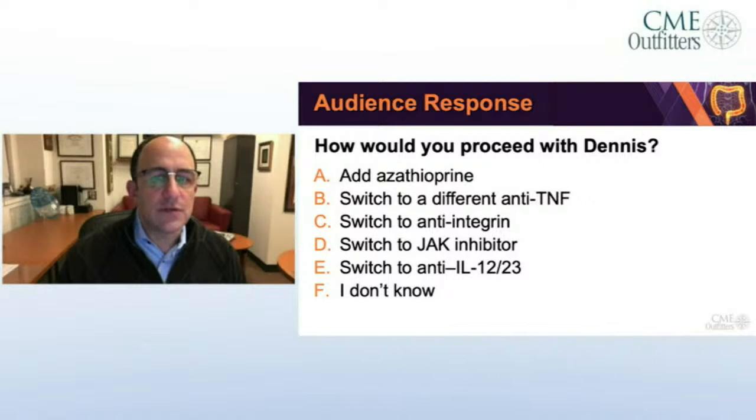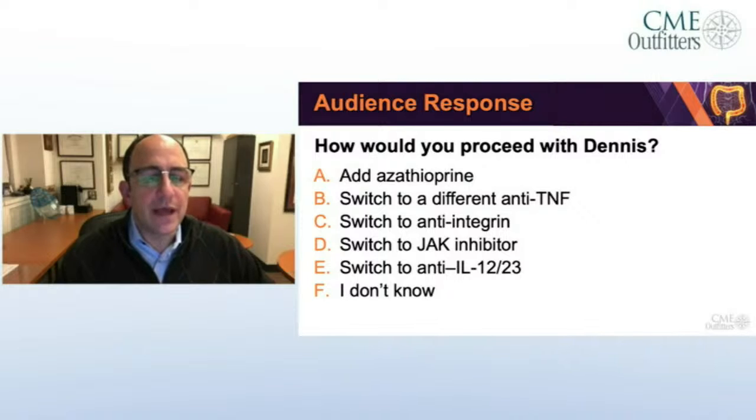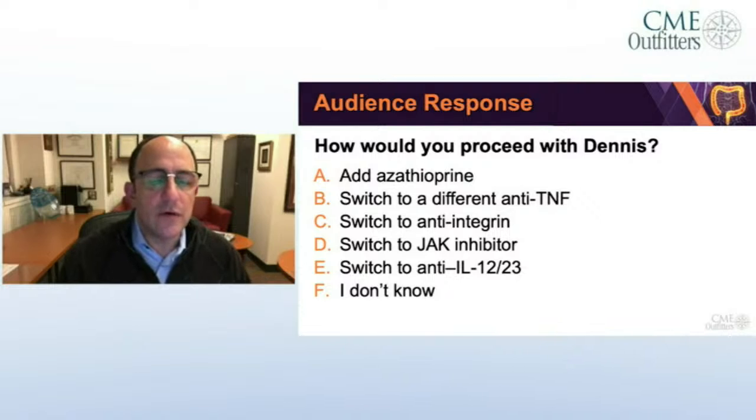Your next option is switch to a different anti-TNF, so cycle within the class. Switch to an anti-integrin, so swap to a different mechanism. Switch to a JAK inhibitor, so you can swap to a different mechanism with a small molecule. Switch to anti-IL-12/23, swap to a different mechanism with the newer anti-p40 therapy, or you're not sure.